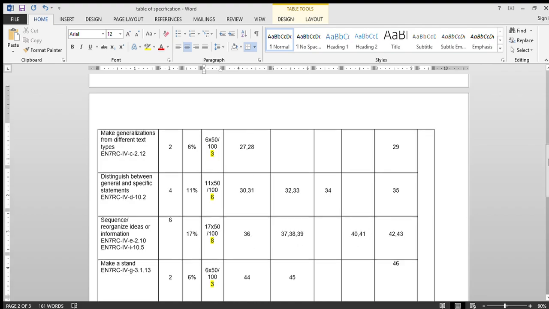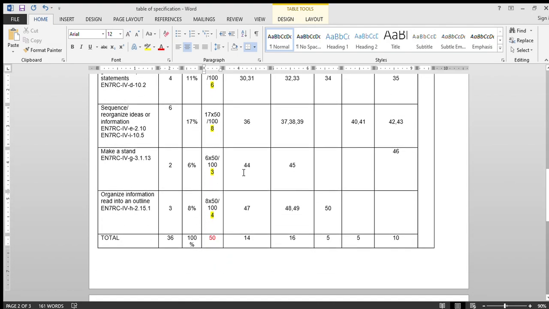So it's correct. Then three items again for the second to the last competency. For number 44 for remembering, then 45, and then for evaluating is the number 46. Then we have here the last competency, which is to organize information and read into an outline. We have four number of items, so we must distribute four questions in this competency.